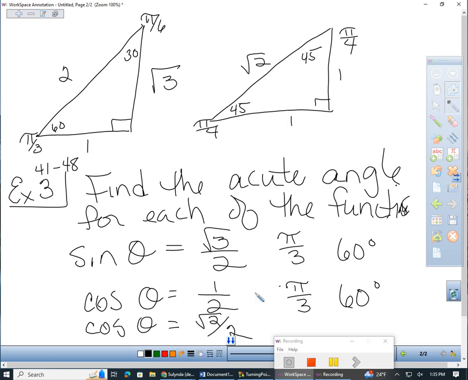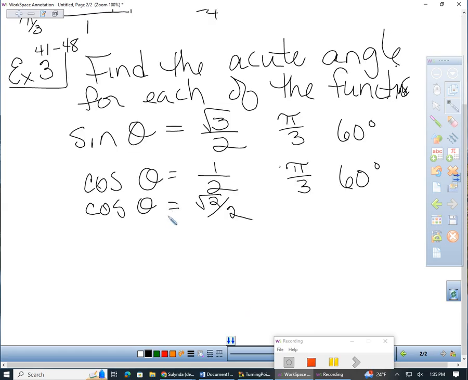So what this really started off as was 1 over the square root of 2. And remember that cosine is adjacent over hypotenuse. So which triangle does this really go to? The 45, 45. So the angle for this would be pi over 4, or 45 degrees.